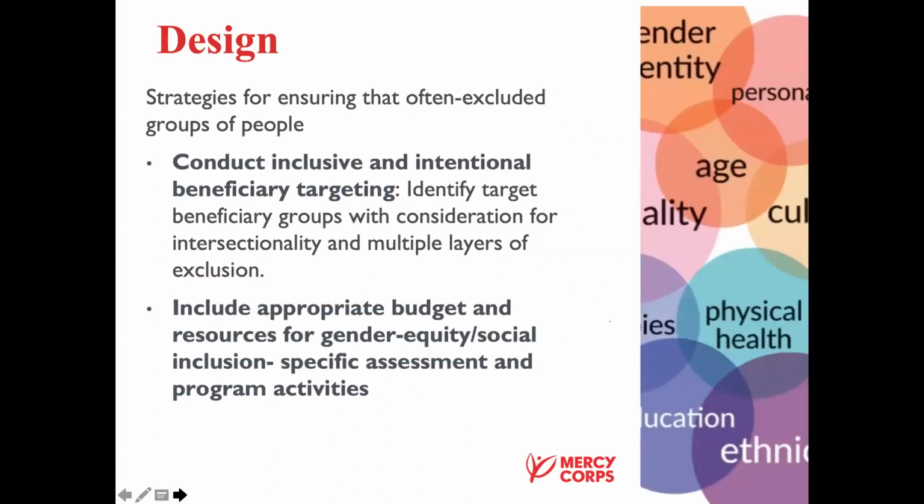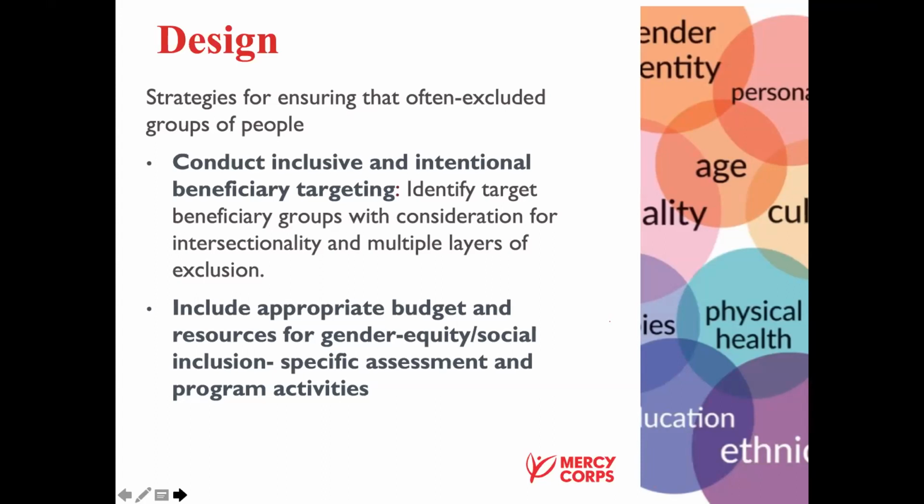So what are some of the strategies that we'll be looking at when we want to ensure that the often excluded people are included in the design of our programs, especially the resilience ones? One of the things is that we have to conduct inclusive and intentional beneficiary targeting. That is, we identify target beneficiary groups with consideration of intersectionality and multiple layers of exclusion.